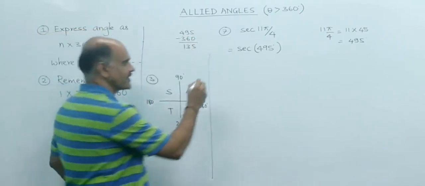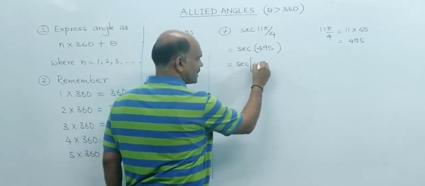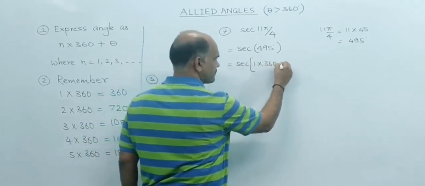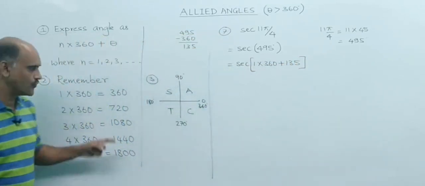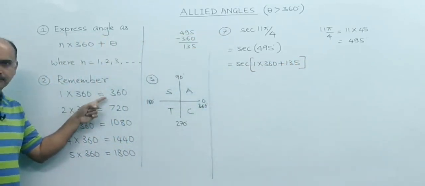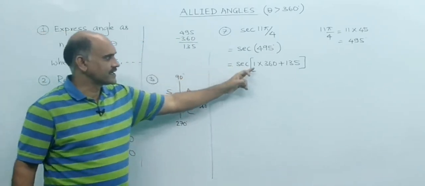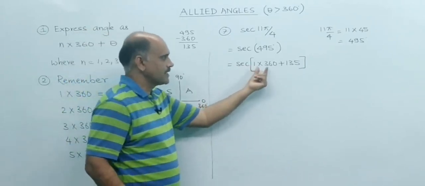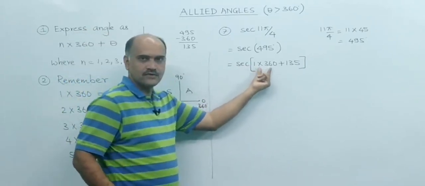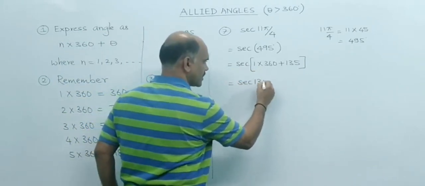So 495 can be written as secant of 1 into 360 plus 135. Clear, students? 495 is greater than 360, so it is written as 1 into 360 plus 135. Again by our method you leave this 1 into 360. So you will have secant 135.